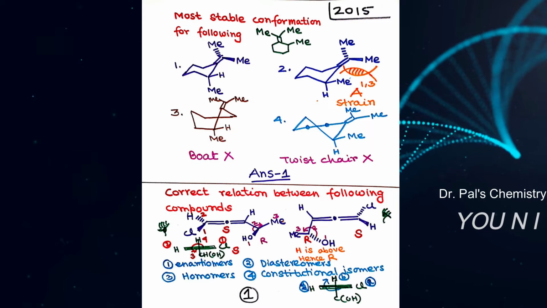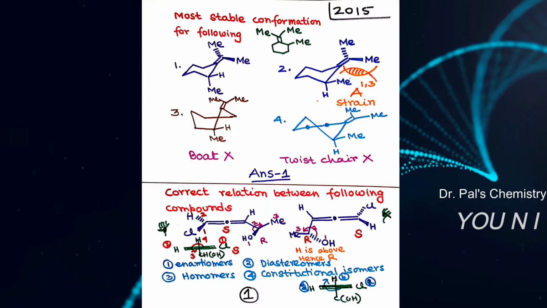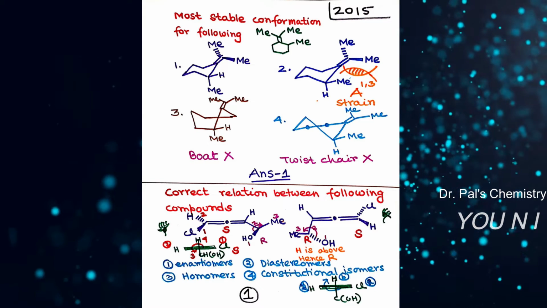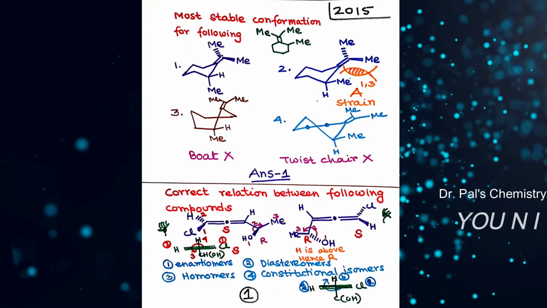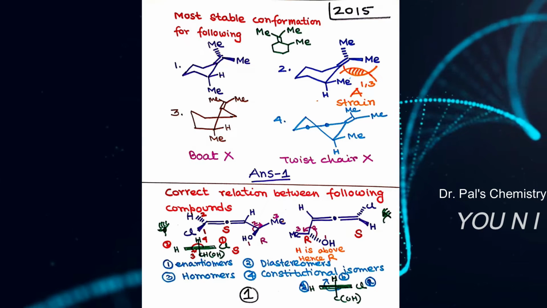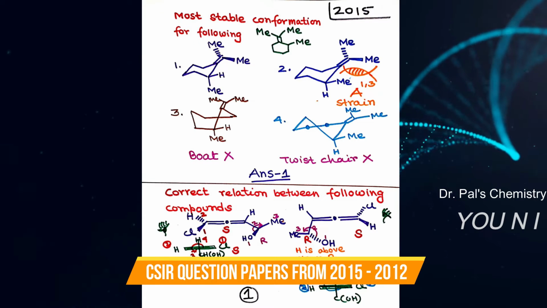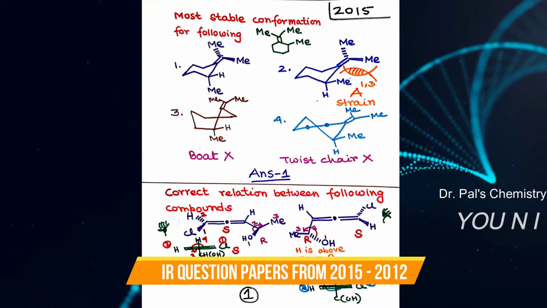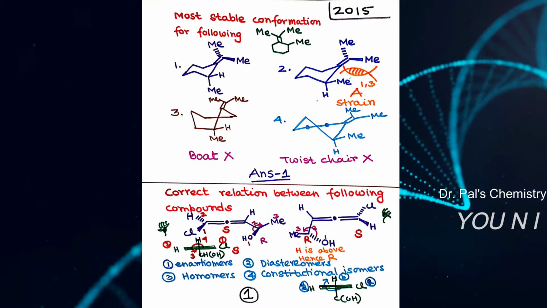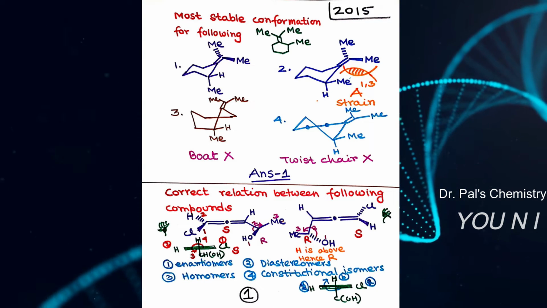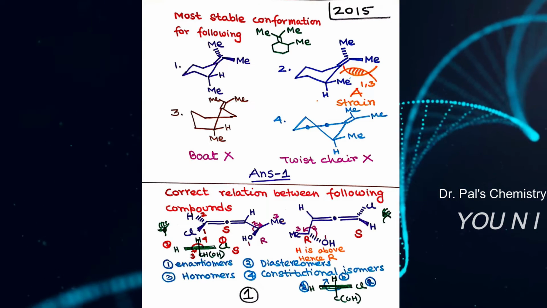Now coming to the next question of 2015, we have to identify the correct relation between the two substituted allenes, and these substituted allenes have a chiral axis as well as a chiral center.